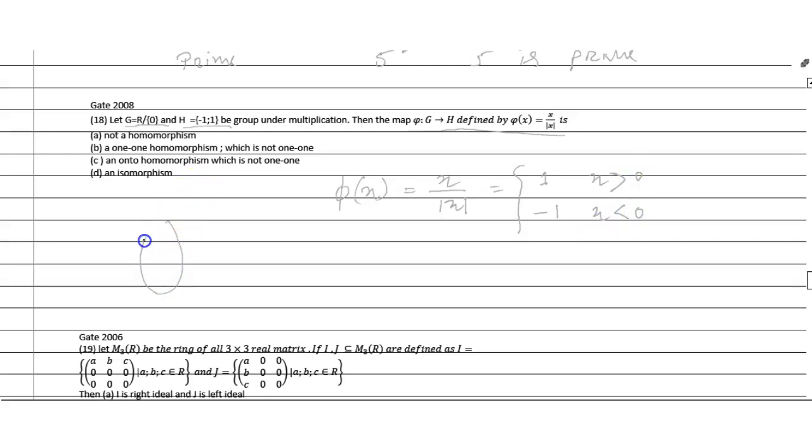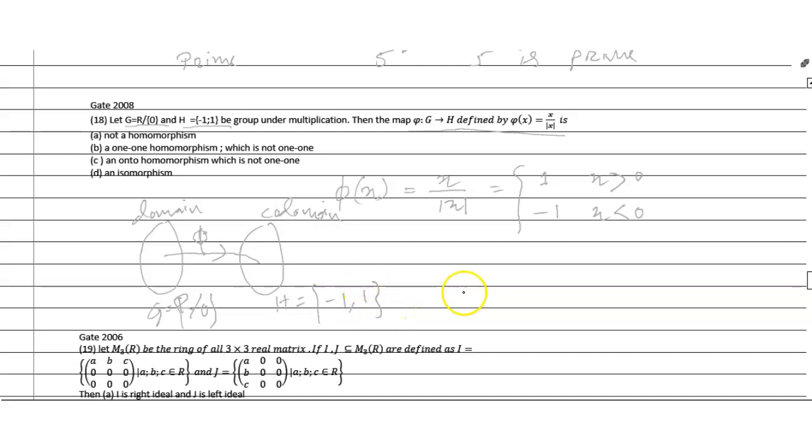So I draw a diagram, and this is the phi, this is the domain, and this is the codomain. So friends, we see that G is equal to R minus 0 and H equals {minus 1, 1}.